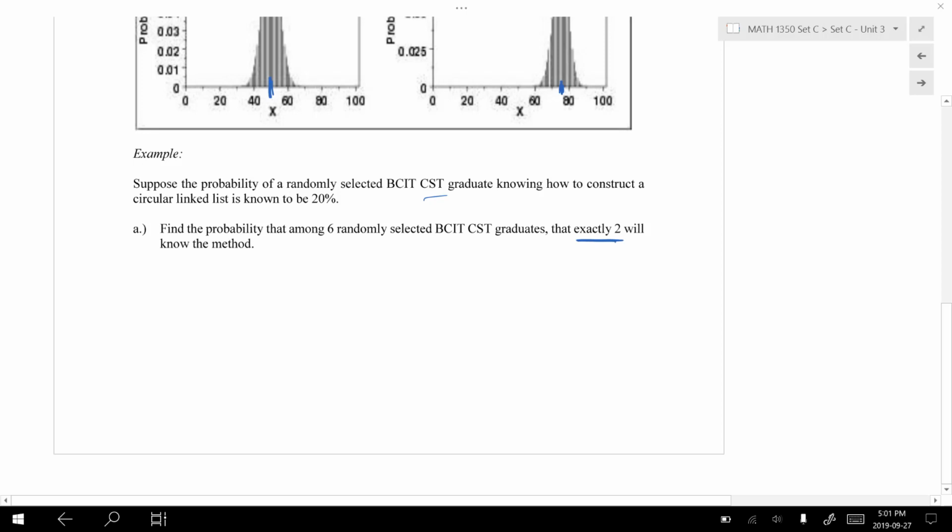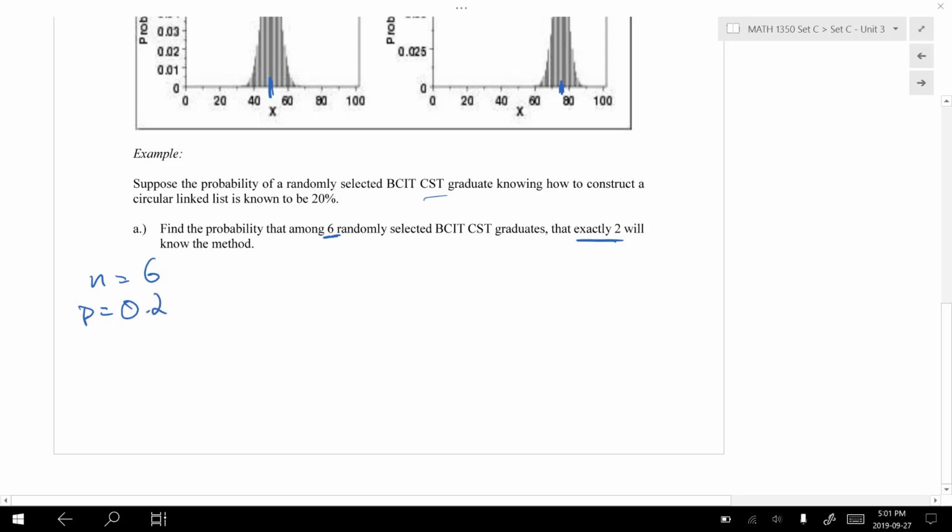So this is a binomial experiment, selecting a graduate with a 20% chance of, I guess, success and an 80% chance of failure. So we can repeat this binomial experiment 6 times, and we'll figure out how much probability there is of getting exactly 2. So as we say, n here is 6 total trials.